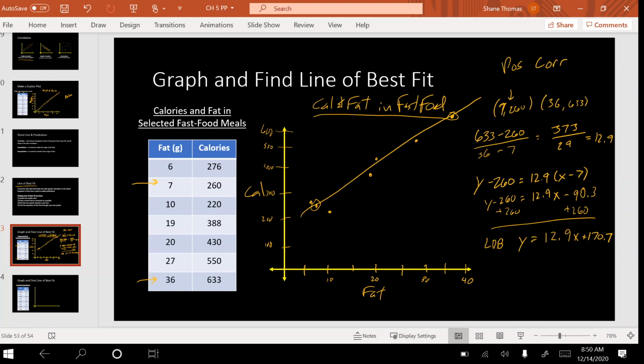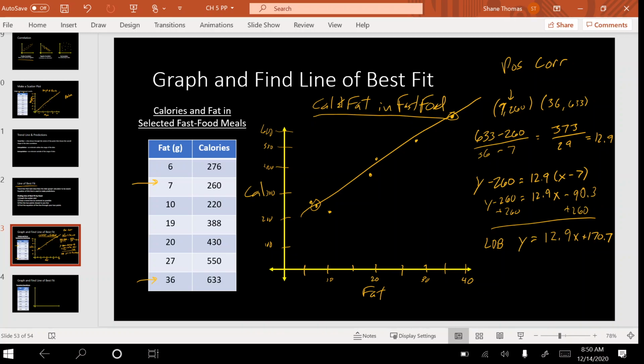Now looking at this, if my slope is 12.9, let's talk about that in theory. What does that mean? For every one what? One gram, correct. Every 1 gram of fat that my food goes up, that means I'm going to gain another 12.9 calories.